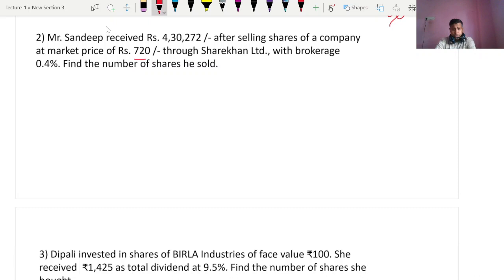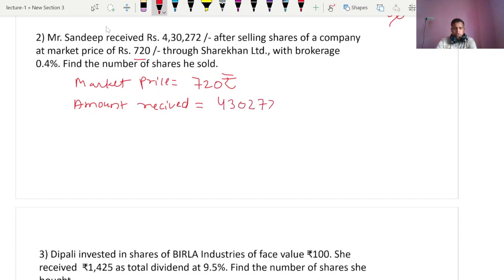Through Share Accounts Limited with brokerage 0.4%. Find the number of shares he sold. Fine. So here the market price is given, what? 720 rupees. Amount received is what? 4,30,272, and the brokerage charge is what?